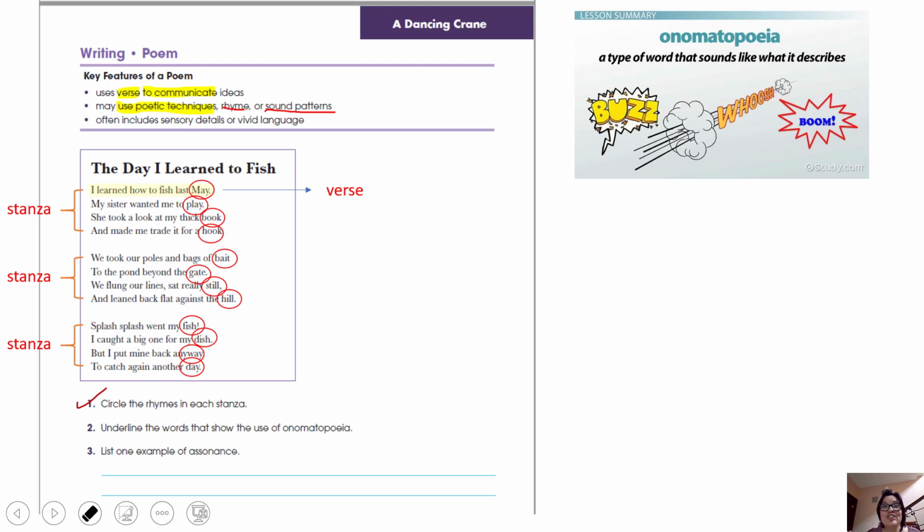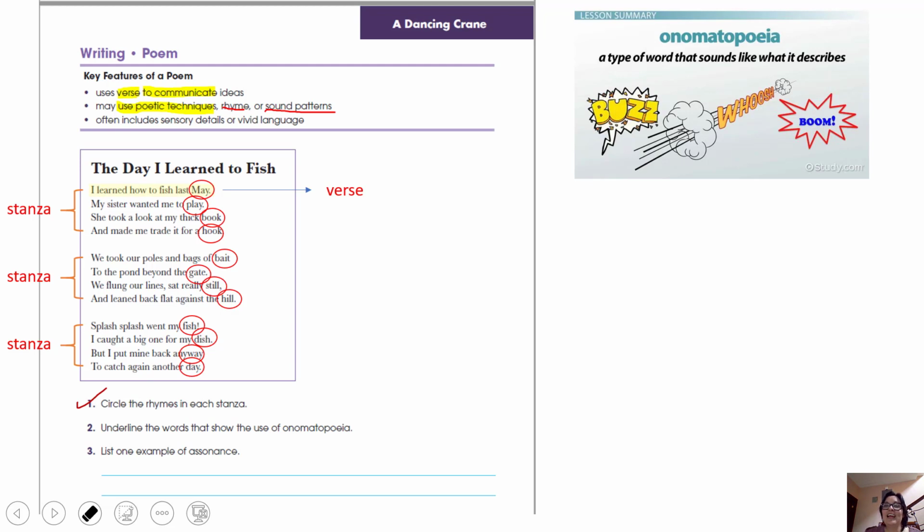Bzzz. Okay, so that is onomatopoeia, making the sound of what you are describing. For example, this one, boom. If you listen to someone and suddenly, boom, what does it mean? A bomb, right? That a bomb explodes.